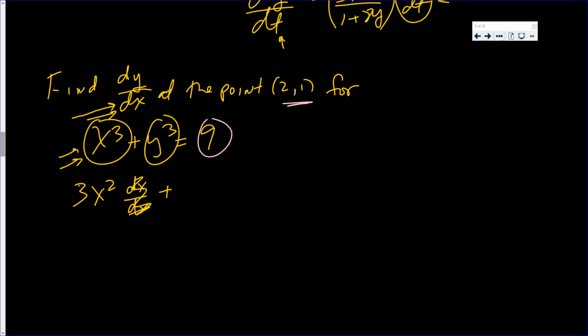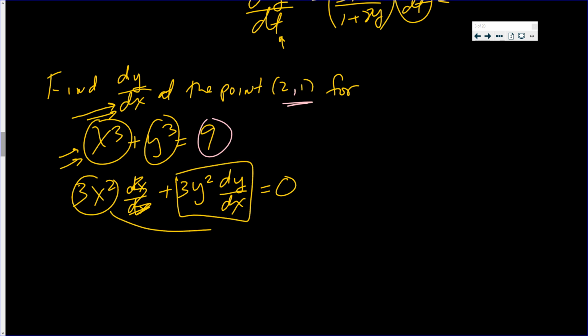Plus, the derivative of that is 3y squared. It's in terms of y. We're taking a derivative with respect to x. And the derivative of 9 is 0. So this is the only term that has dy dx. So I'm going to bring this to the other side. So positive 3y squared dy dx is equal to negative 3x squared.